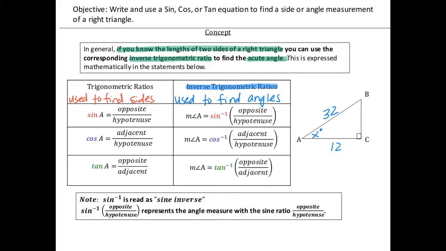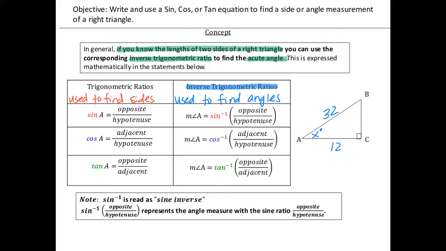Okay, so regular trig ratios, sine, cosine, and tangent, we use those to find a side. The inverse, like sine inverse, cosine inverse, tangent inverse, those are used to find an angle. If we're missing an angle, we use the inverse. If we're finding a side, we use regular trig ratios. Okay?